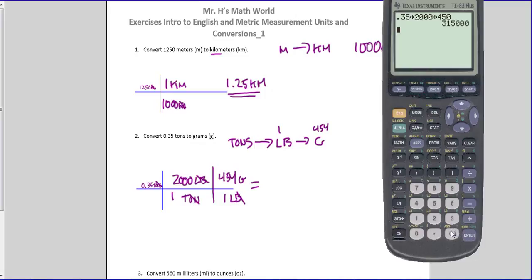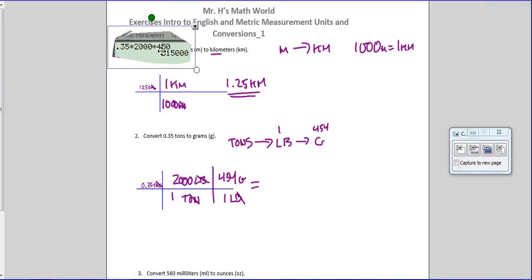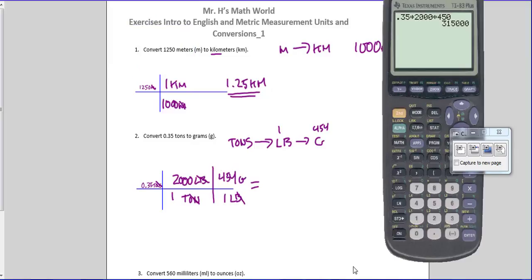I get 315,000 grams. That's a mistake there. That should be 454. Just notice I made a mistake on my calculation because this is 454 grams. So I need to do this again. So I need to edit this.